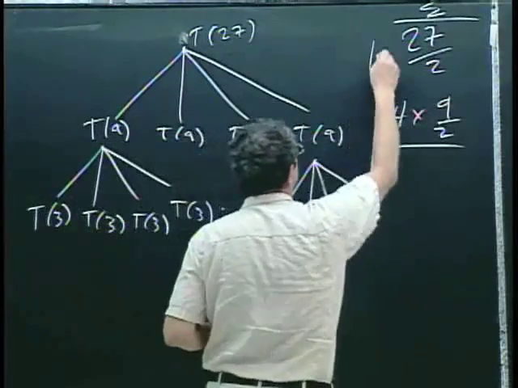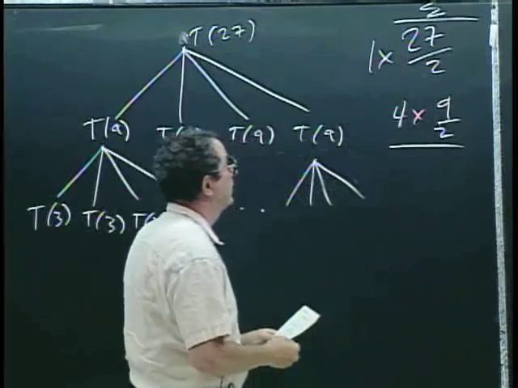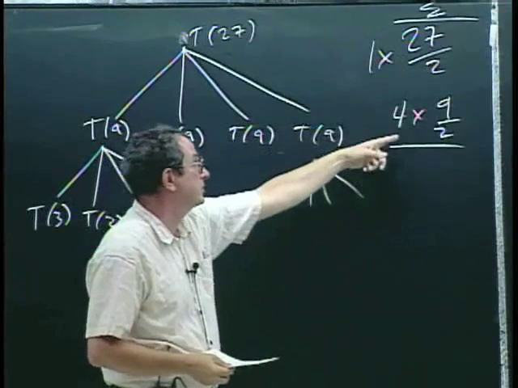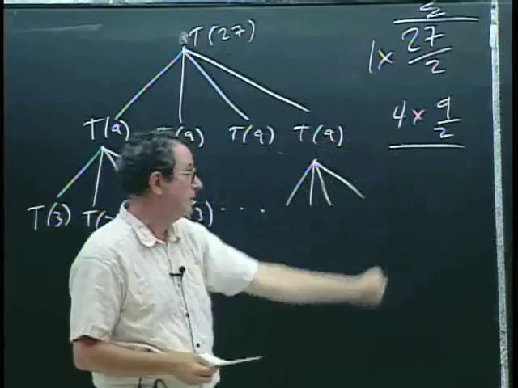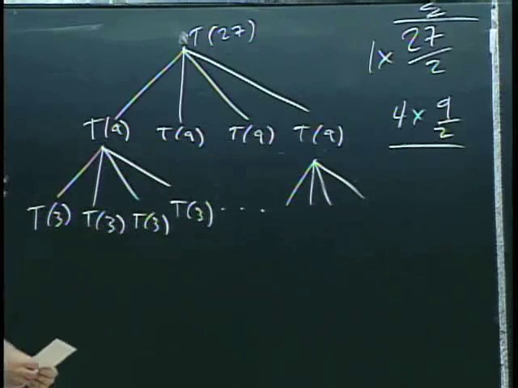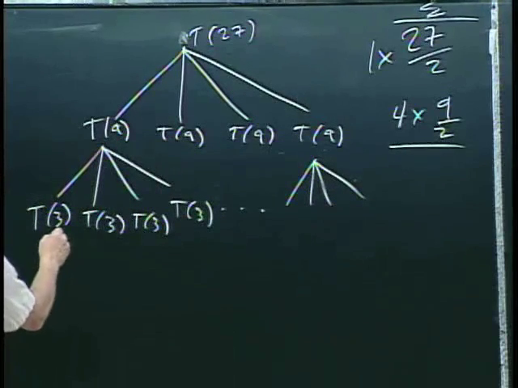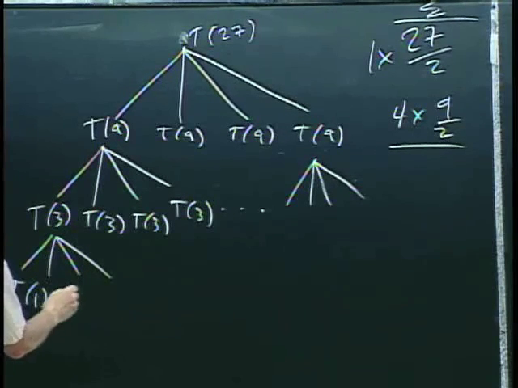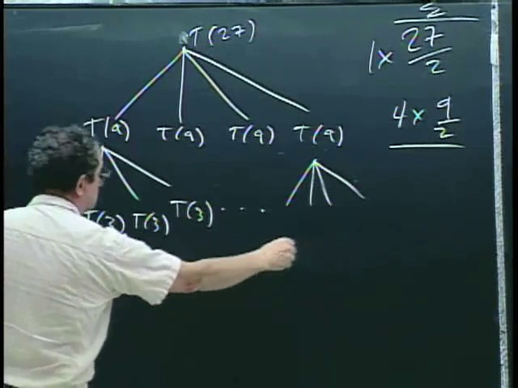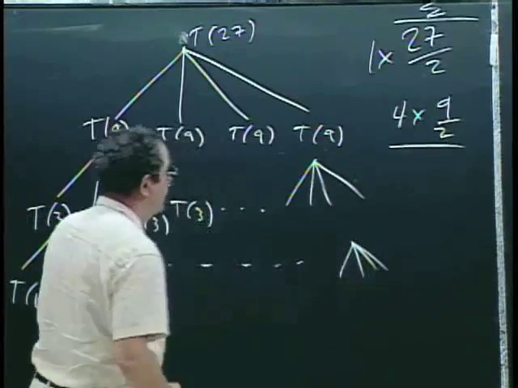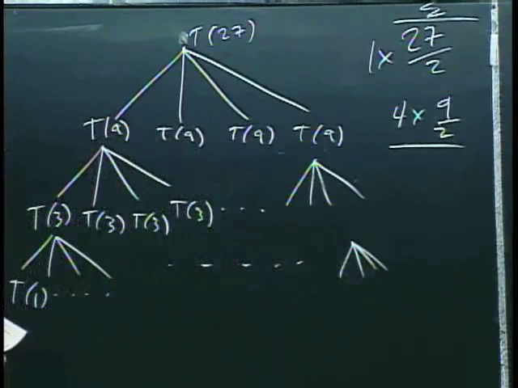And here, just for emphasis, I'm going to make that 1 times 27 over 2. So 1 times 27 over 2, this is 4 times 9 over 2. Okay? Now we need to know what t of 3 is. I don't know what t of 3 is, but according to the recurrence, it's 4 times t of 1 plus something.